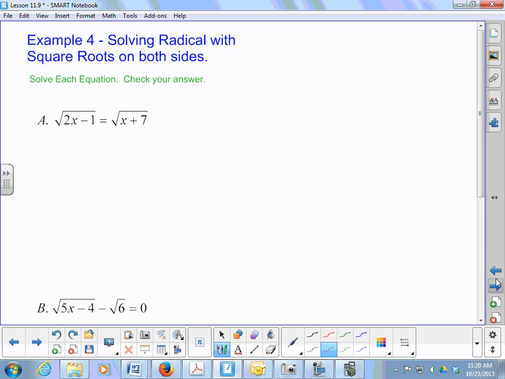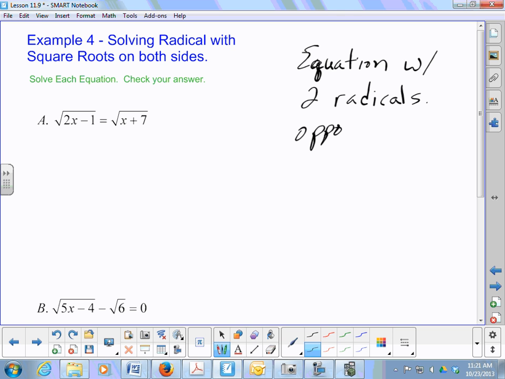Now, I have a radical on both sides. If you have an equation with two radicals, we want them on opposite sides.